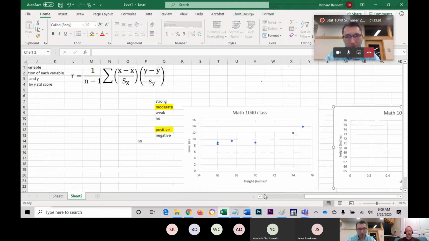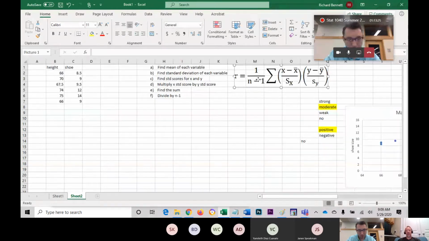All right. So as we're looking at this formula, I will give you this formula here. Won't give you the steps. But the idea here is, in both cases, we need to find either the x bar or the y bar. So we need to find the mean of each, okay?